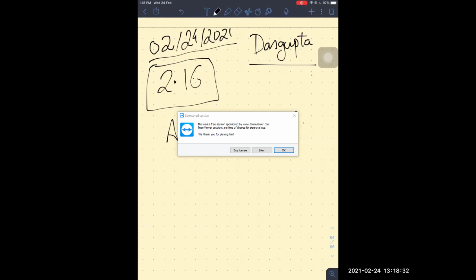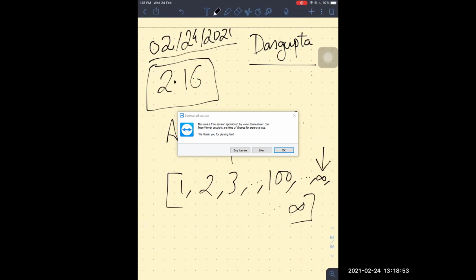Yeah, but the thing is that as the length of this array is infinite, if you apply binary search, suppose 3, then suppose there is 100, then there is infinity and infinity. So you may end up somewhere here.